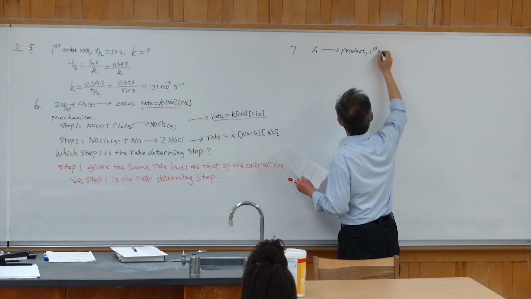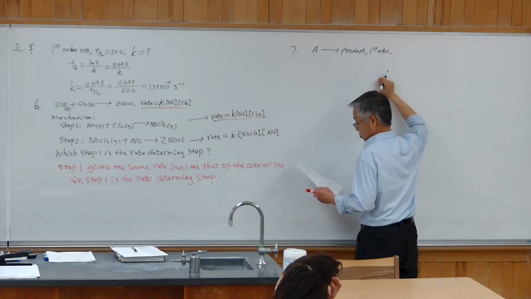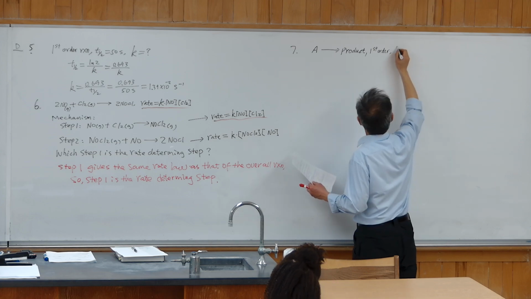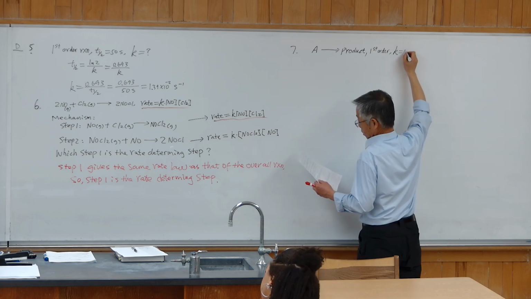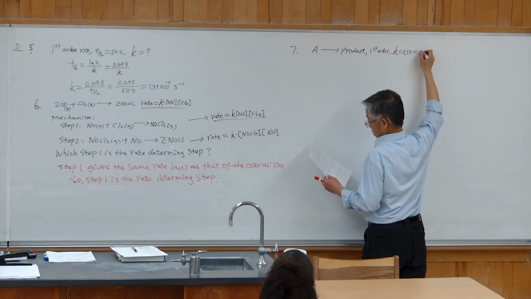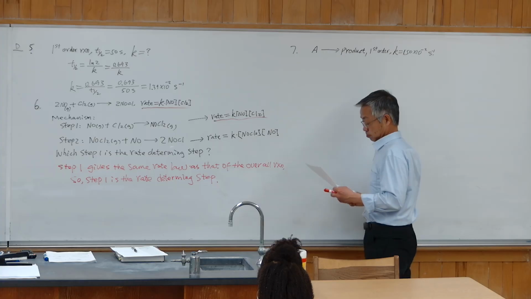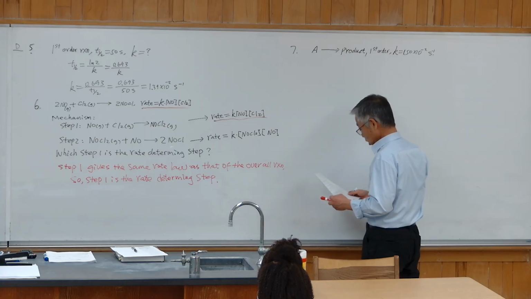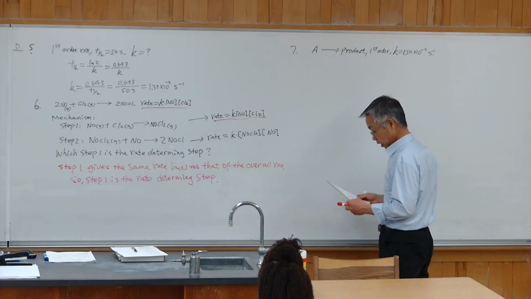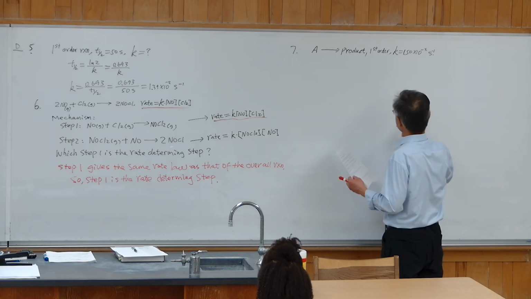The first order reaction, and they tell you the rate constant is 1.50 times 10 to the negative 2 power per second. Ask you how long would it take for the concentration of reactant A to decrease from 1 to 0.05.